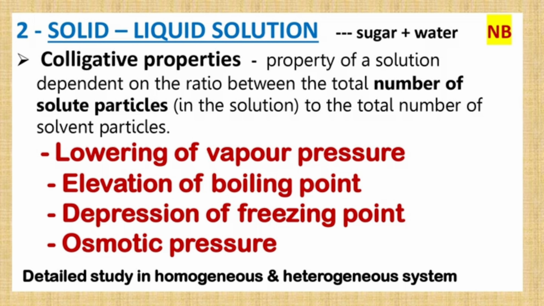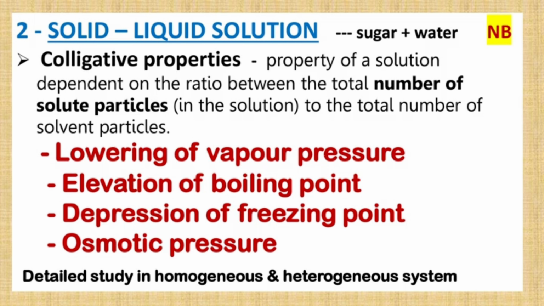But the four colligative properties I mentioned here, and we will study them in the preparation portion. That time we will discuss more. Not only this, we will discuss electrolytes, non-electrolytes, isotonic, hypertonic. These are mainly discussed in detail in that topic. So that's why I didn't mention it here, but it's very important.